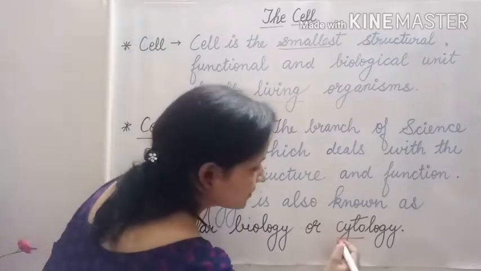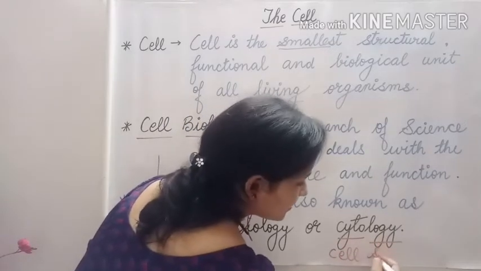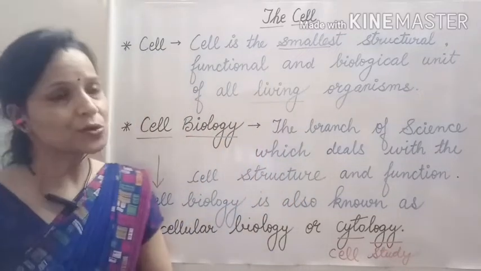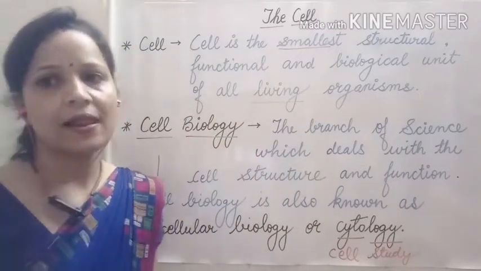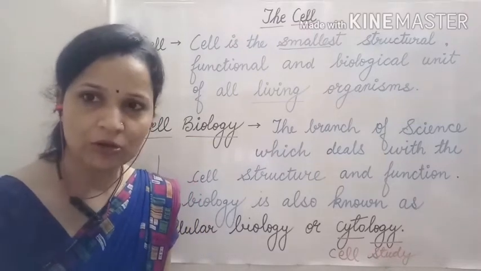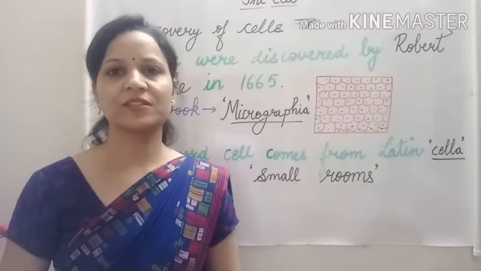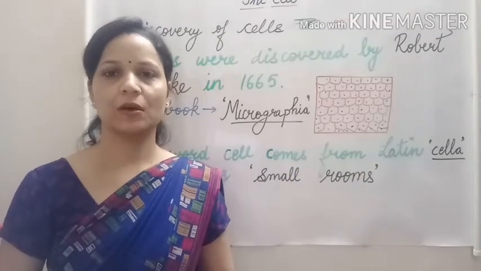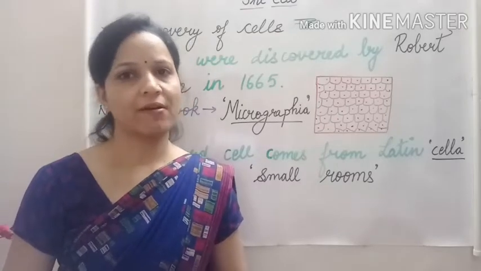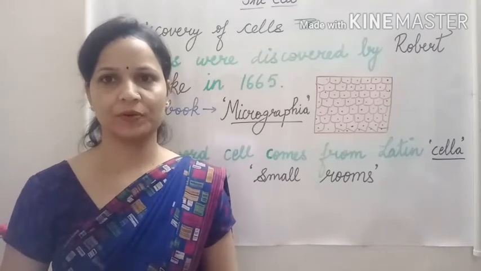Cyto means cell and logy means study. So the study of cell is called cell biology, cellular biology or cytology. We have billions of cells in our body. Most cells are too small to be seen with the naked eyes. They can be seen with the help of microscope.